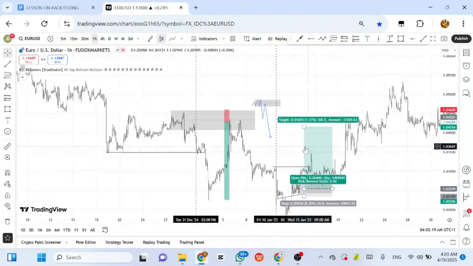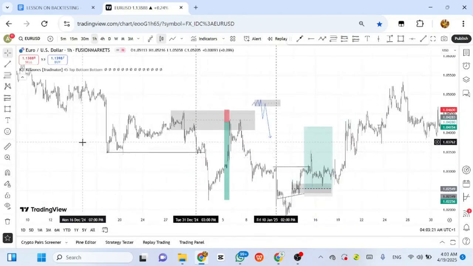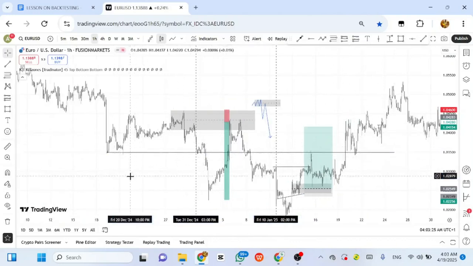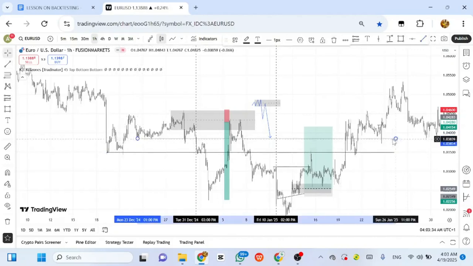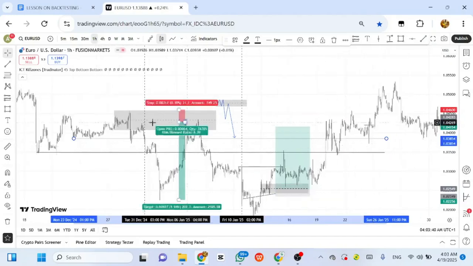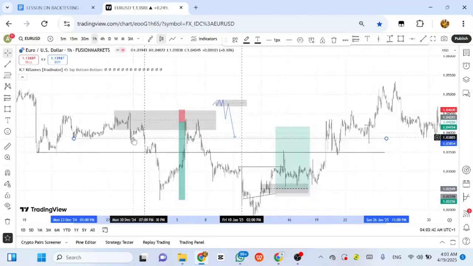Now see, this is a support. It is climbing up gradually. If I mark this from this zone again, this is support. This is a lower time frame, but you see this price action is still holding. It's a support, see support. This is also a support.